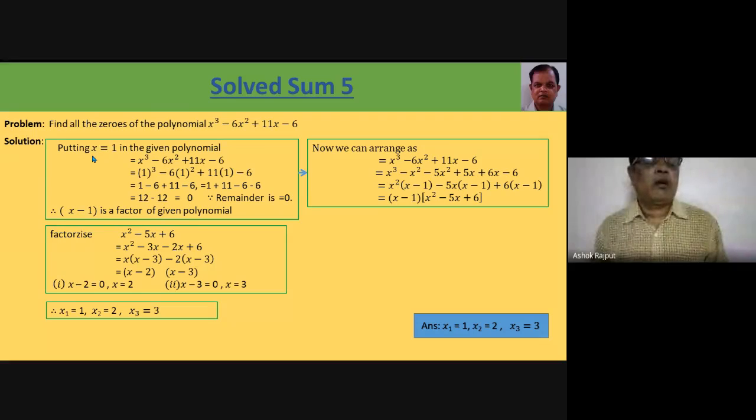After that we will divide the given polynomial by this, and in such a way we will find the quotient, and we again factorize the quotient and find all the factors, because the first we have already found, and the remaining two we will find after the factorization. Now we will divide.